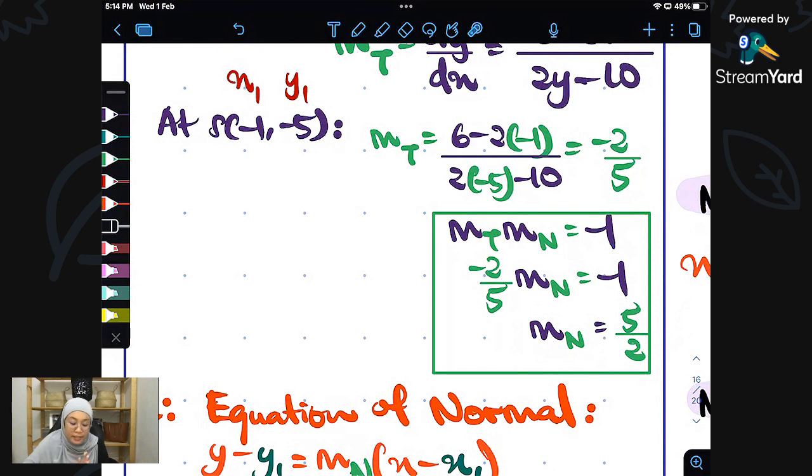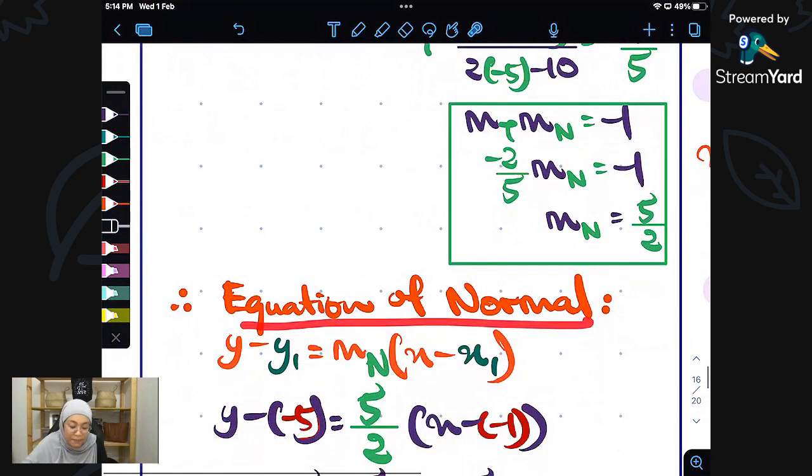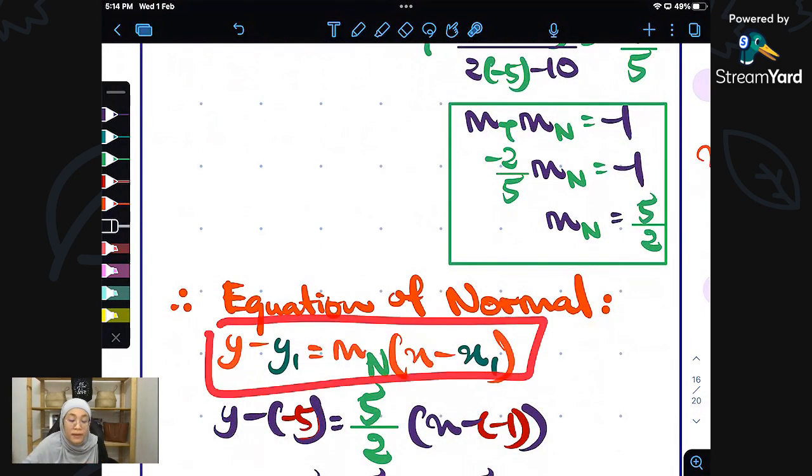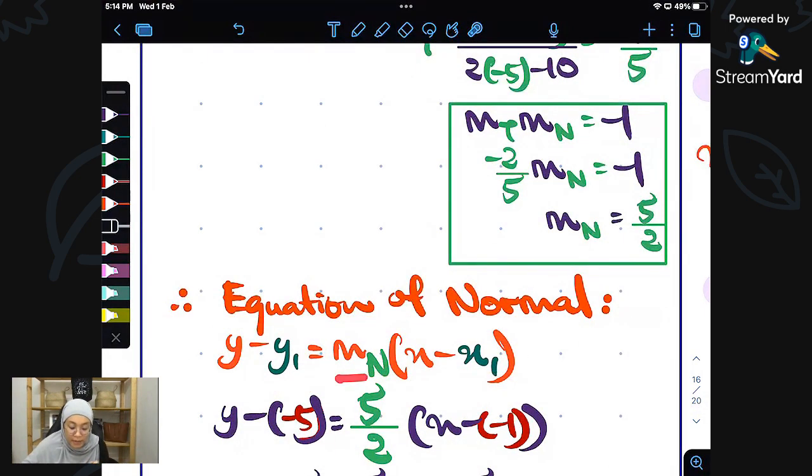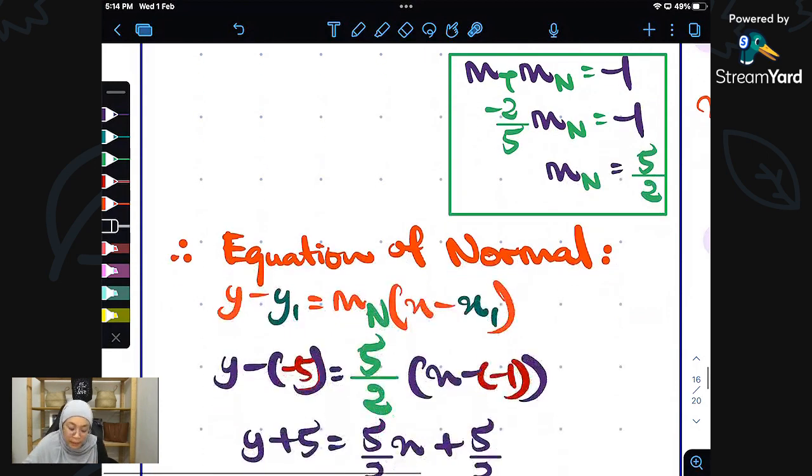You just simply use this formula, rearrange it, and you will get mn equals 5 over 2. And so you are prepared to find the equation of normal, which is the same equation anyway, y minus y1 equals m times x minus x1. So you just sub in the gradient of the normal, 5 over 2, and then sub in the same point.